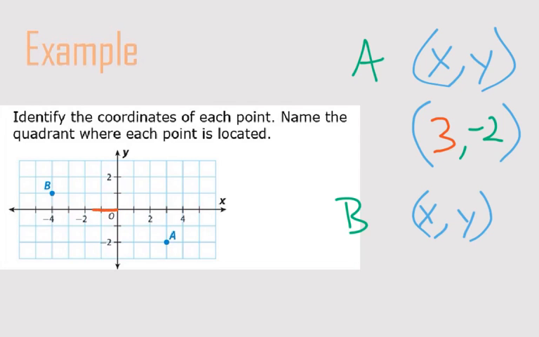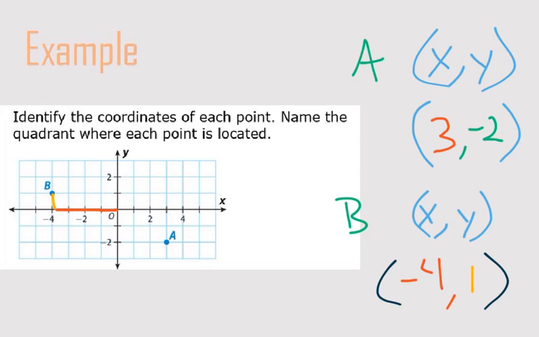This time we have to go to the left on the x-axis, so that's going to be a negative 4. And then for the Y, we're going to go up 1 unit. So that's going to be negative 4, 1. And that would be the ordered pair for point B.